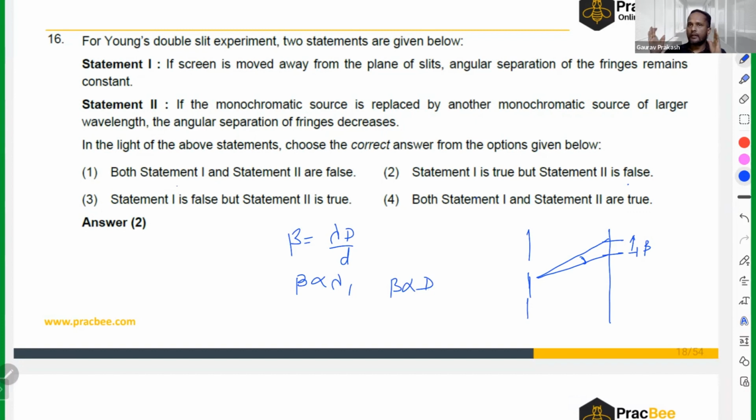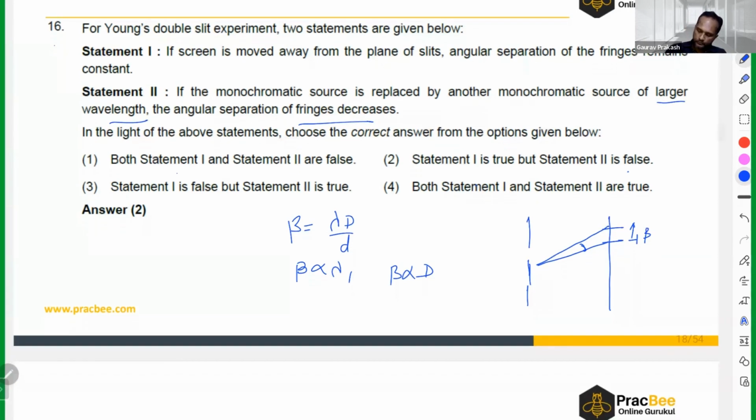If you increase the screen distance, beta will increase, so angular size will increase, and if you increase lambda, then also beta will increase. So basically here statement 1 is true, but statement 2 is false, because it is saying that on increasing the wavelength, the angular separation of fringes decreases, which is wrong.